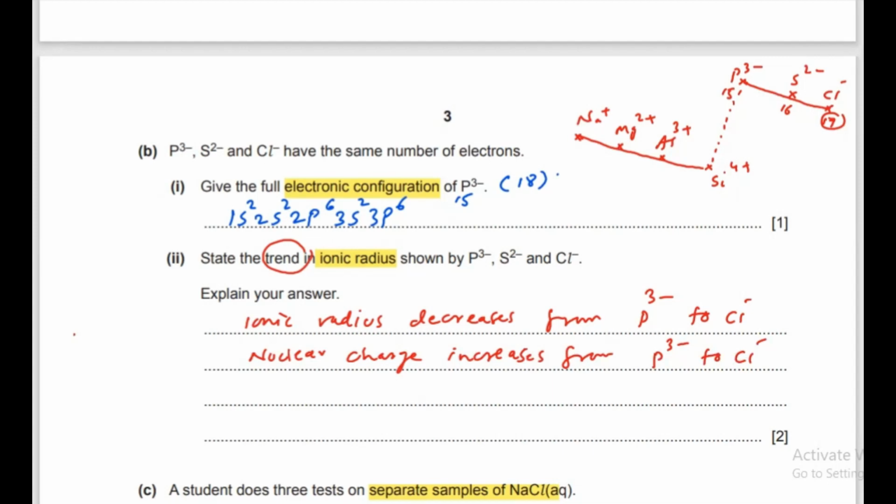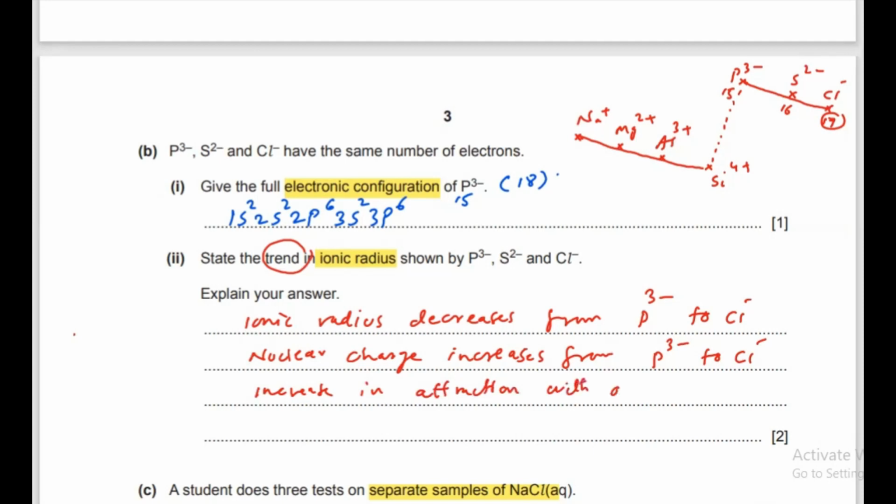When nuclear charge increases, there is an increase in the attraction between the nucleus and the outermost electrons.